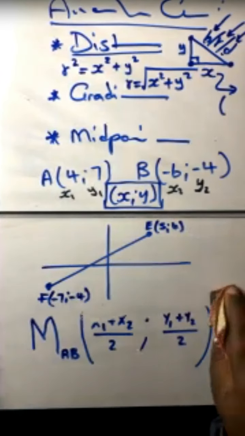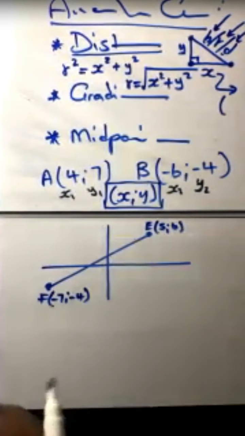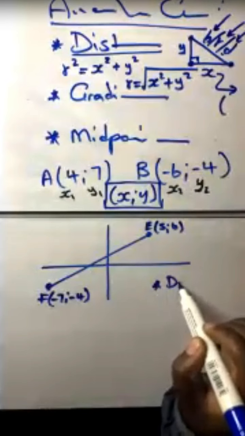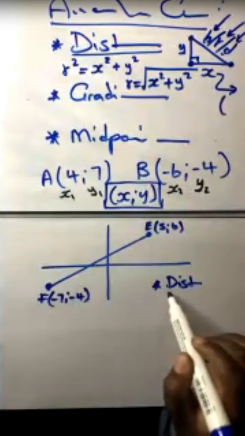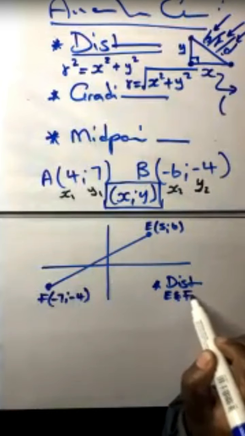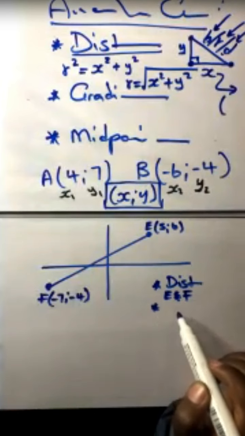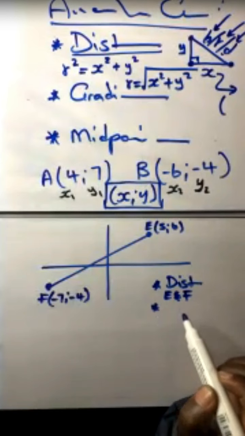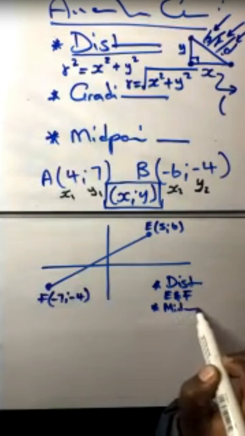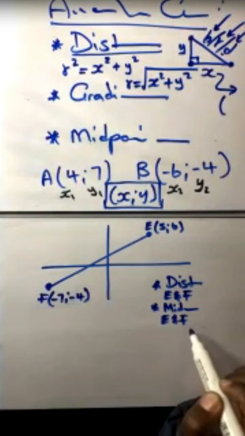So guys, you can be given a line similar to that, and the question might say calculate the distance between point E and F, and again it can say calculate the midpoint of point E and F.